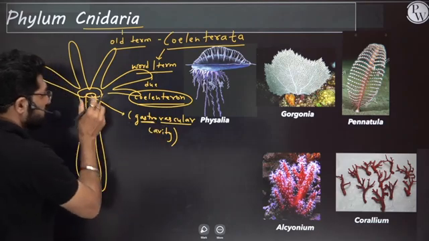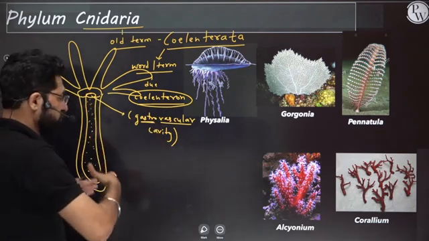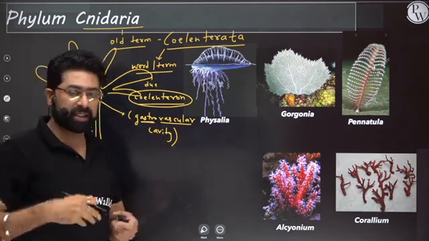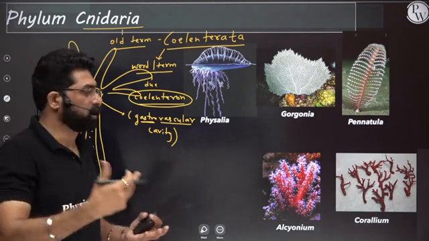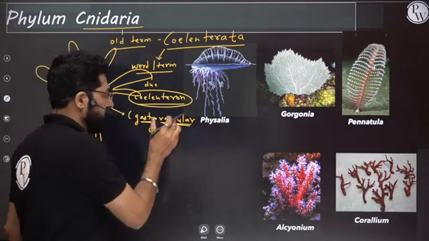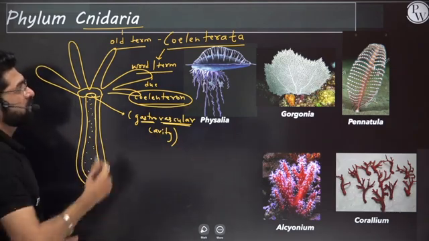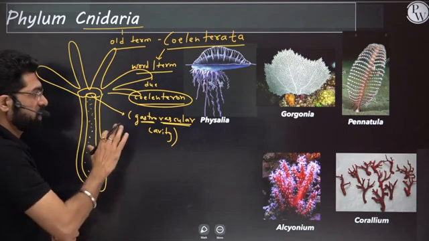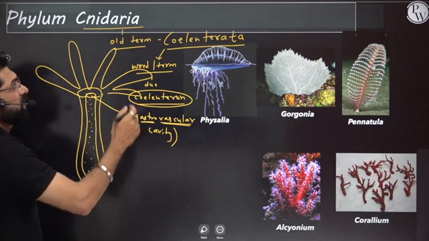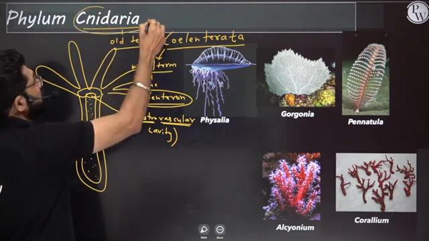Vascular means circulation. That means whatever is digested has to be circulated to the cells. So that is why it is called the gastrovascular cavity. Earlier it was thought it is present in all types of coelenterates, but it is not found in all types of coelenterates. That's why the new term came, called Cnidaria.